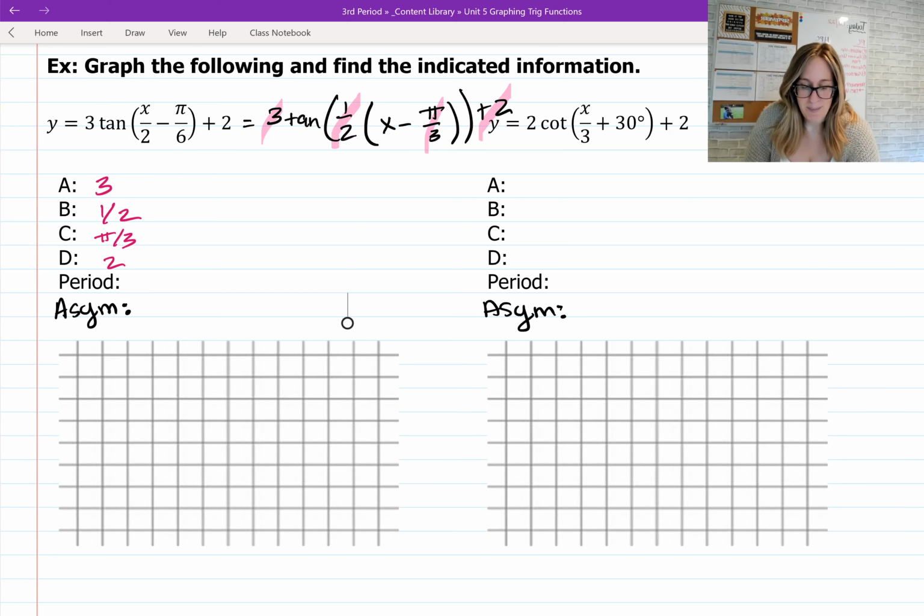Maybe label above: that's A, that's B, that's C, that's D. Now, some people like to do it like this: instead of just putting pi over 3 for your C value, you can write left, right, up, down for the C and the D. If it's a minus pi over 3, it's going to be to the right pi over 3. So I can write right pi over 3.